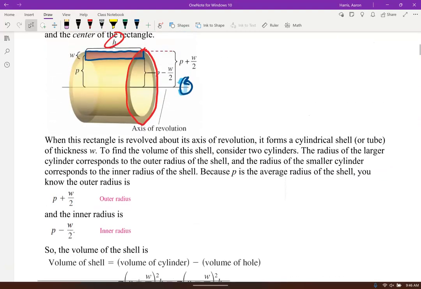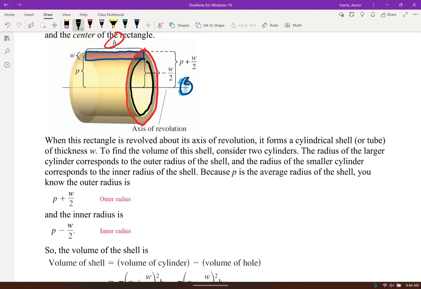And then we're going to subtract out the hole. So we'll go to there, and this distance is P minus W over 2. Again, the P is right in the middle of that width there.